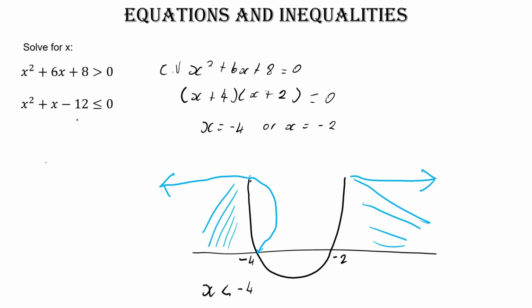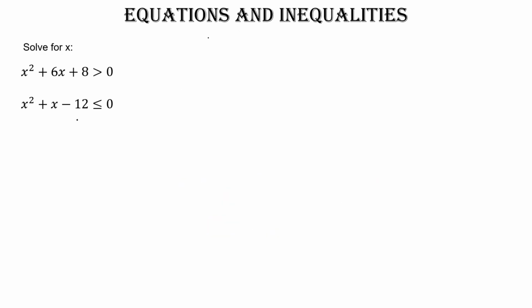You can see my arrow is pointing to the left, right? So I point my inequality to the left over there. Or x should be, and as you can see, my arrow is pointing to the right, so my inequality should also face the right. x should be greater than negative 2. And that's your final answer.